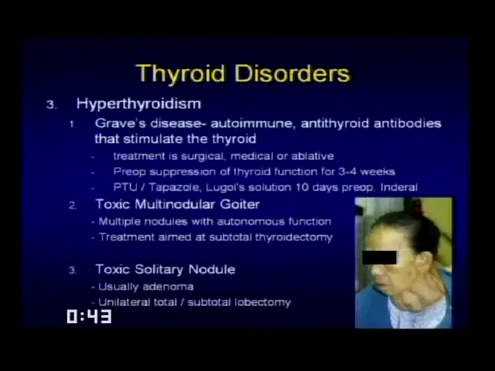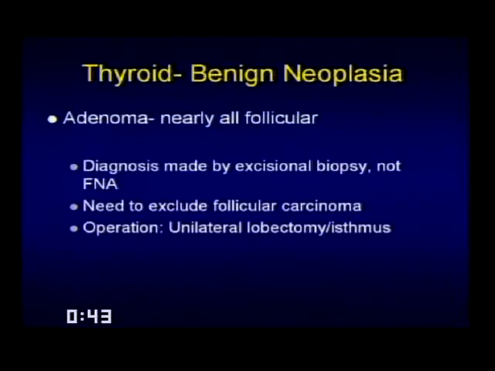of cases. Moving on to benign neoplasia from the adenoma, let's talk briefly about the adenoma. It's the most common cause of benign neoplasia, and they're nearly all follicular in nature. It usually presents as a thyroid nodule, and the initial diagnostic tool would be the FNA, the fine needle aspiration.